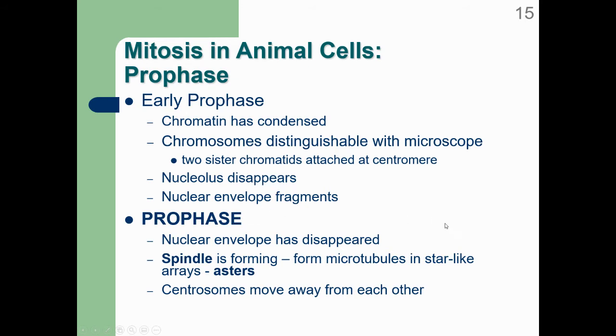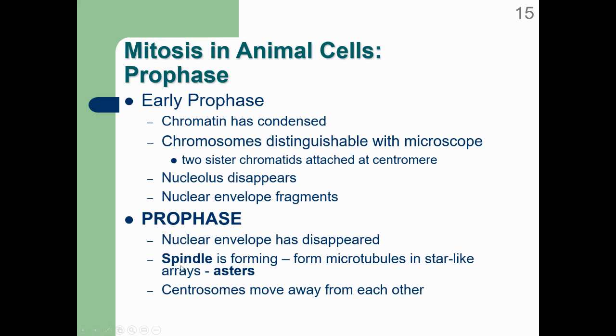So I no longer have this membrane-bound nucleus. My DNA is now here in the cytoplasm, as are the parts of the nucleolus. So this is early prophase. We are still in prophase when we've completed condensing. The nuclear envelope has completely disappeared, the phospholipids are floating around in the cytoplasm, and the spindle is forming.